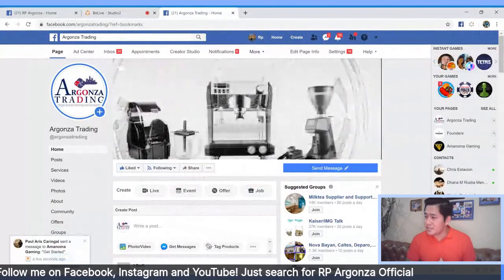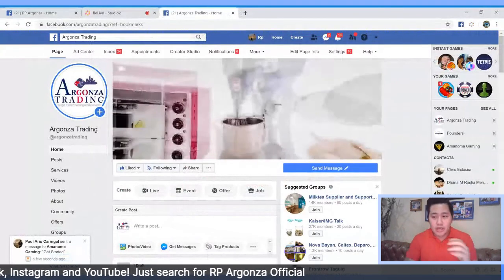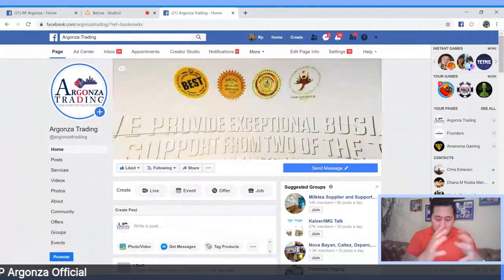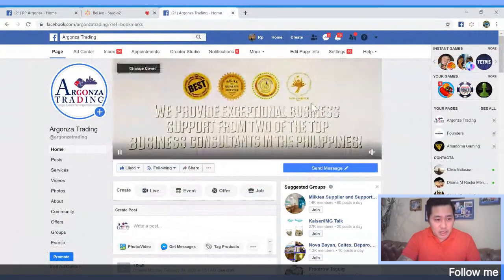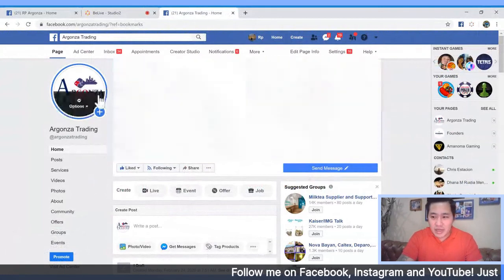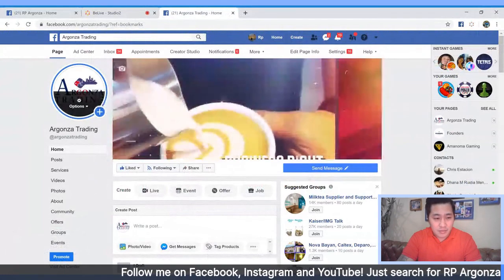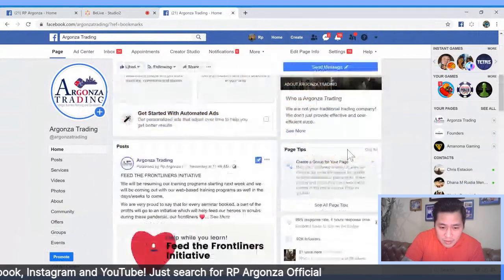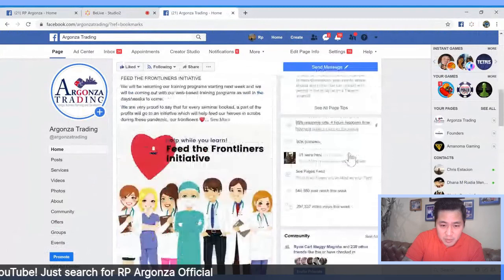Let me just give you guys an idea how powerful this is if you're able to market your brand well on Facebook. Okay, so here, kita ba yung mouse ko? So here, at the Argonza Trading page, I'm gonna go down to this part right here.